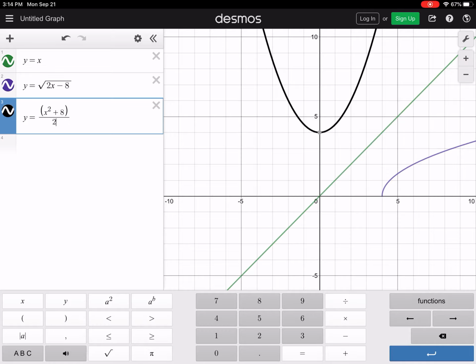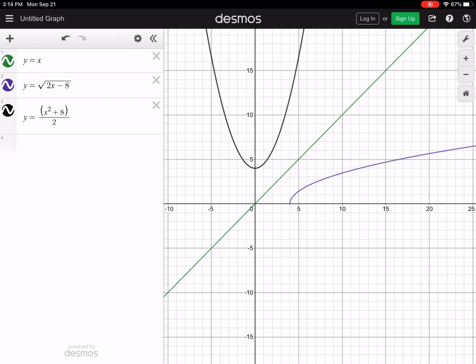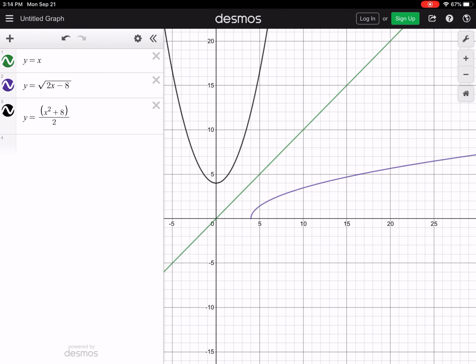Now again, we're only concerned with x values that are positive. So if you look here, the black graph is reflected across the line y equals x in relationship to the purple graph. Inverses, you're going to be concerned with x values that are positive for Math 3.